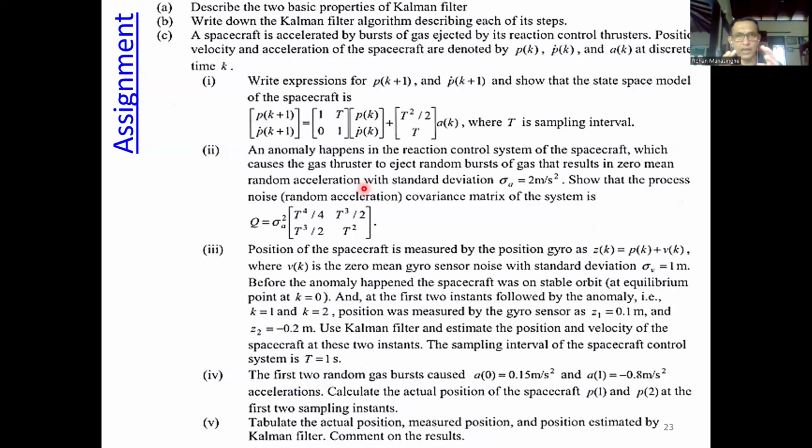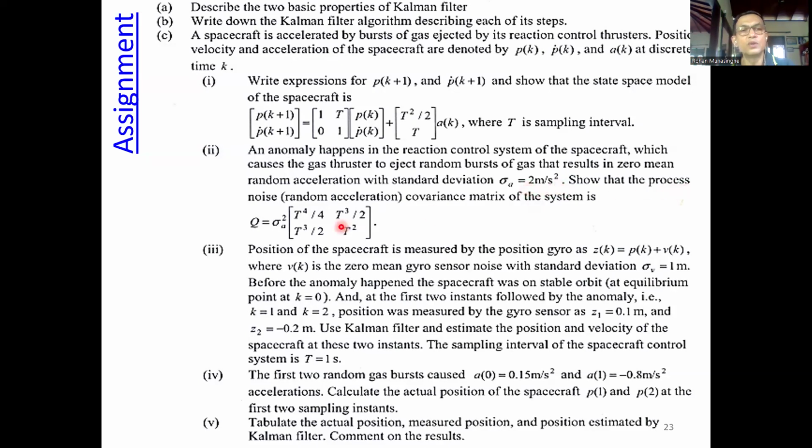So if you look at the acceleration and average it out, it becomes zero. It's a zero mean acceleration. But there's a variance, a standard deviation of 2 meters per second squared. That is how big the variance is. It's sometimes positive, sometimes negative. Therefore the mean is zero, but it varies around zero by this much.